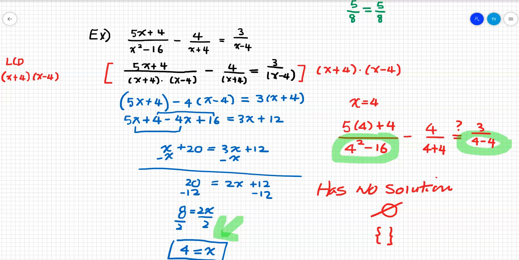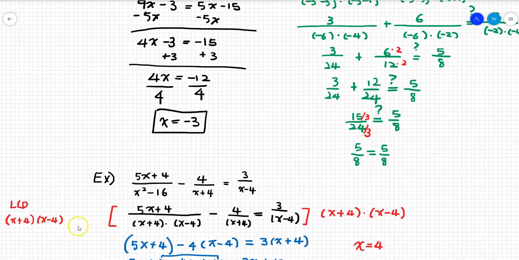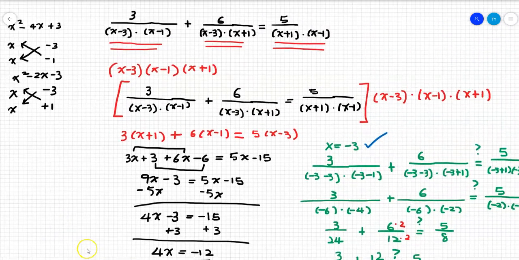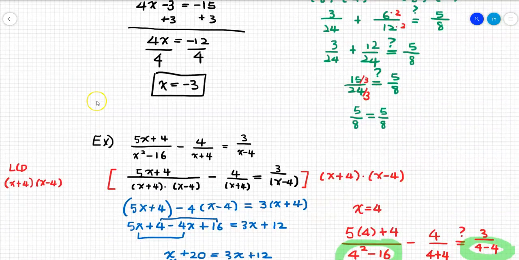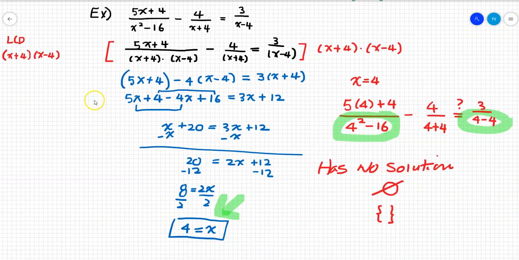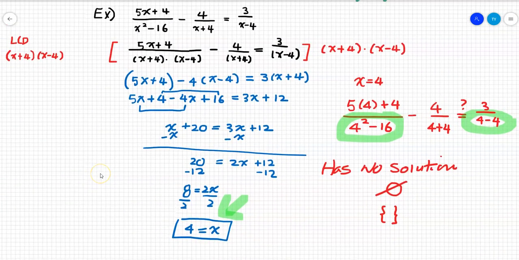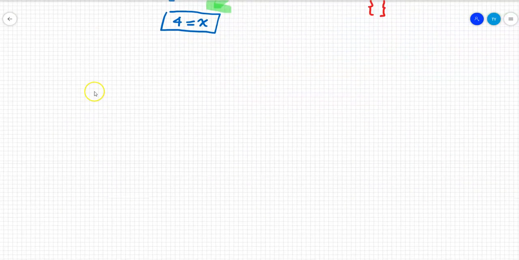So I showed you two cases here. One is that you solve the rational equation and find the solution, and when I plugged it back into the original equation, I found that left is equal to right. So that's the good equation. In the other case, I found that it's not true, so that means we don't have a solution there.